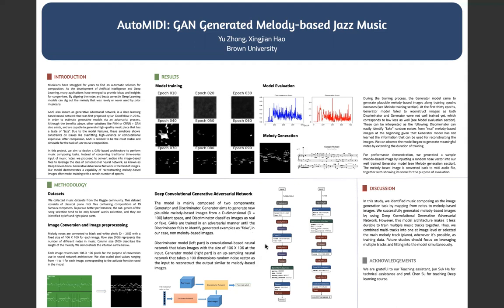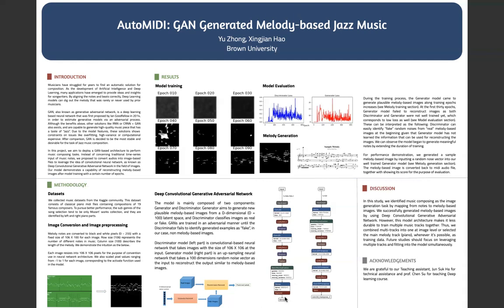And for better illustration, we also depict the model diagram here. So basically, the discriminator model, as you can see at the left, is a convolutional-based neural network that takes images with a size of 106 by 106 as the input.